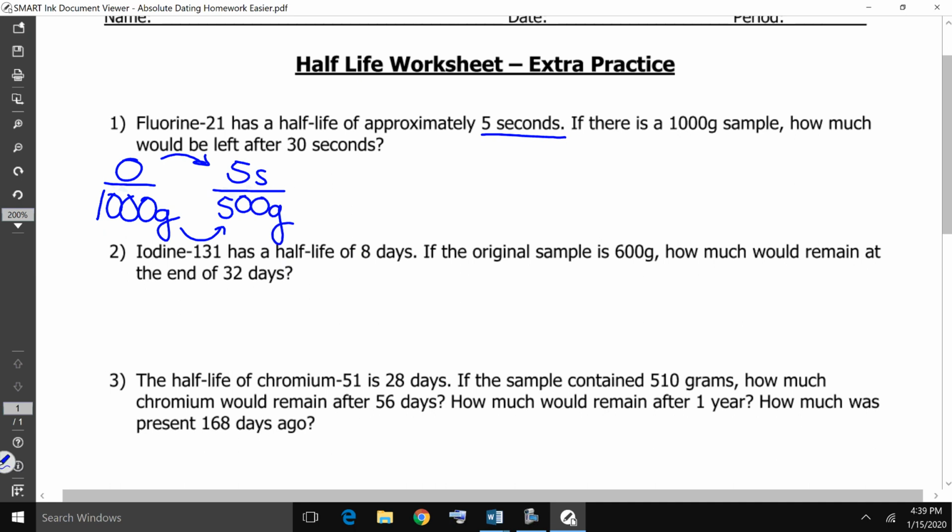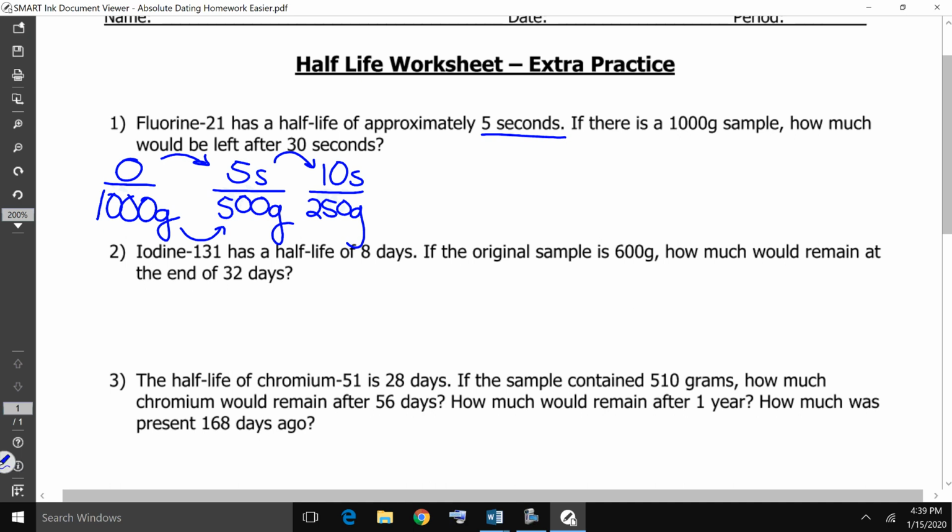Okay? But this one says to go all the way to 30 seconds. So 10 seconds is 250 grams. So again, we add. We don't multiply. Sometimes we have some people getting tripped up by multiplying the top. We're not multiplying. We're adding the half-life.